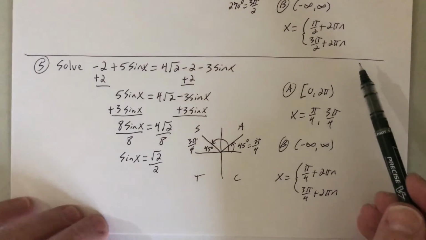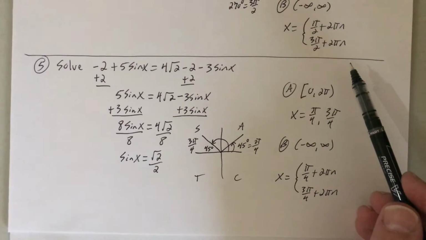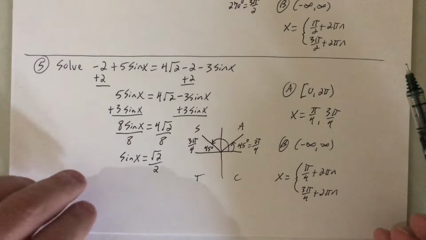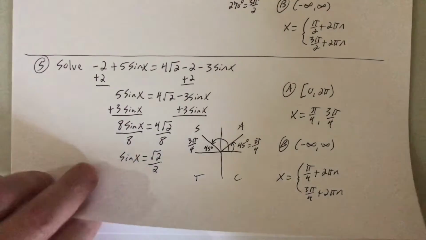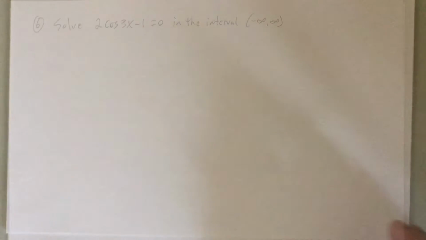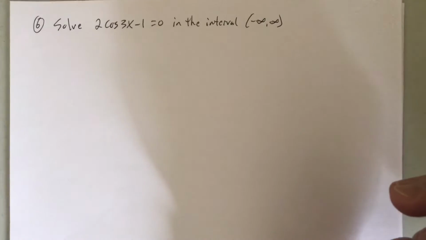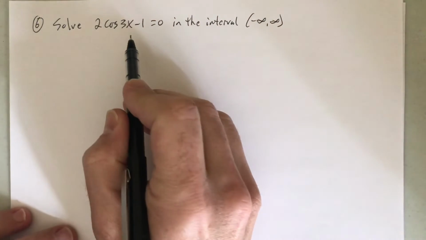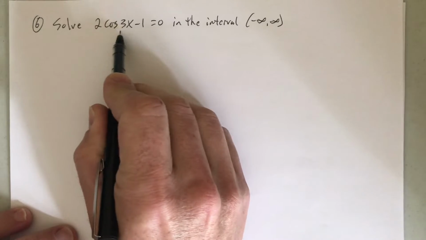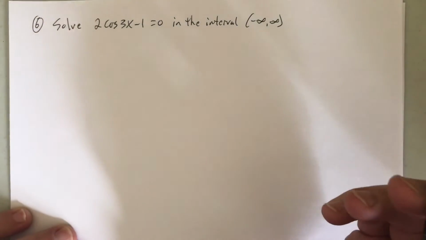Now I'm going to switch things up a little bit and continue solving them, but I'm going to add another element to the problem. Let me flip this page. All right, number 6, we're going to solve 2 cosine 3x minus 1 is equal to 0. You can see the difference here that the period is going to change, and I'll show you how we take care of that.